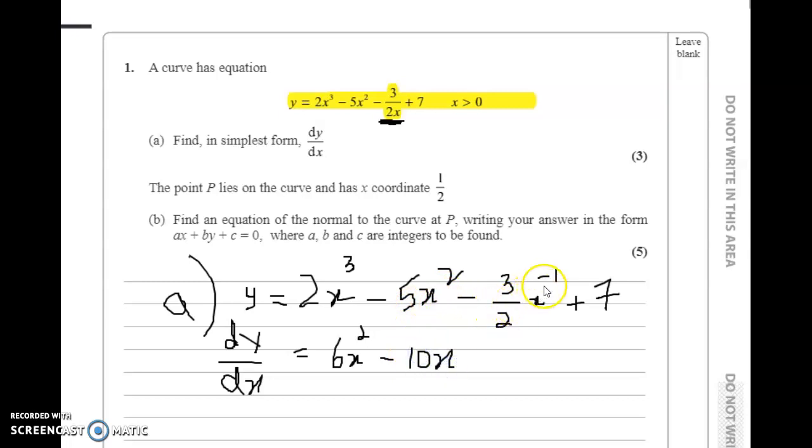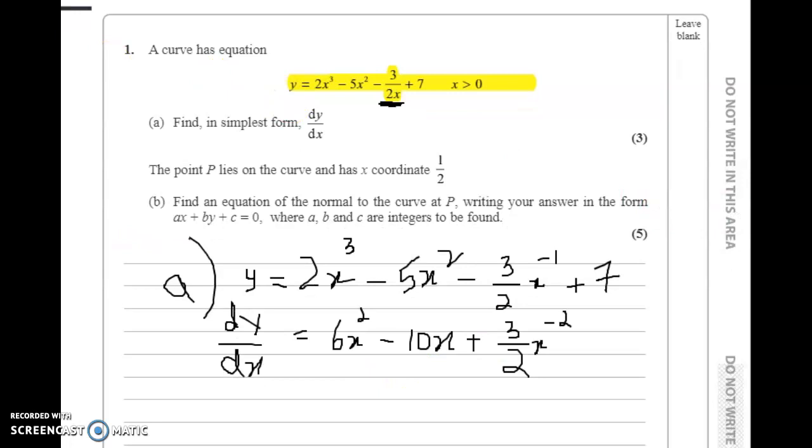Then minus 1 into minus 3 upon 2 will give us a plus sign, 3 over 2x, and then the power minus 1 minus 1 gives us minus 2. The differential of a common number is 0, so we usually don't write it down. So that's our first part done.